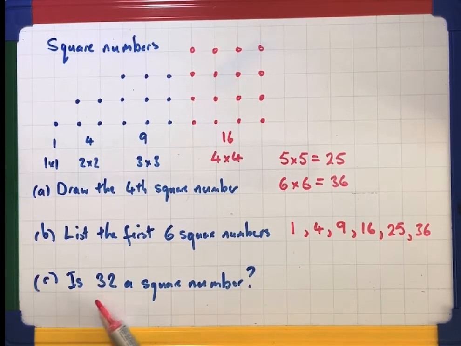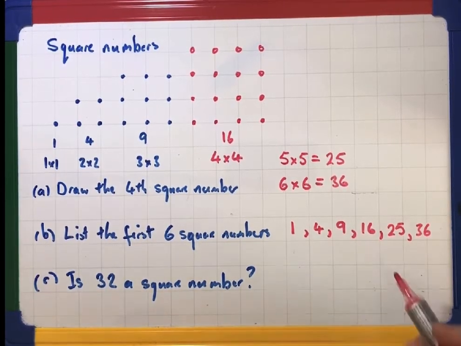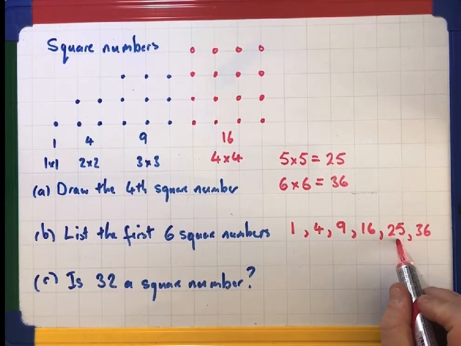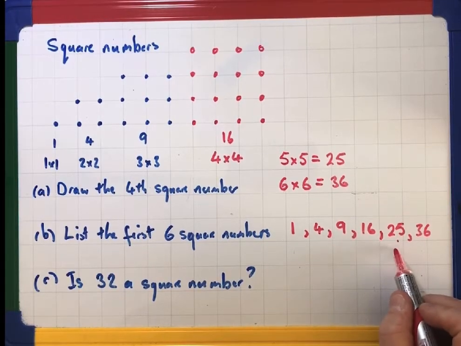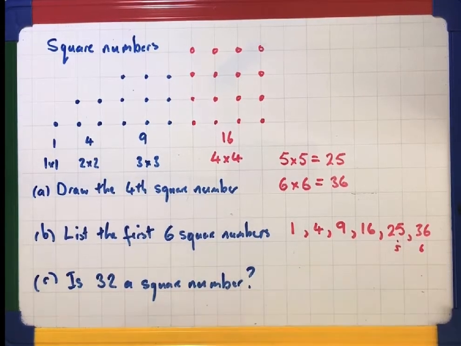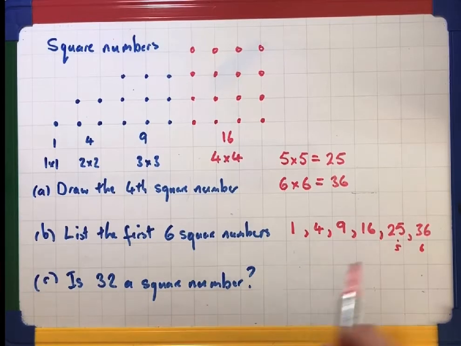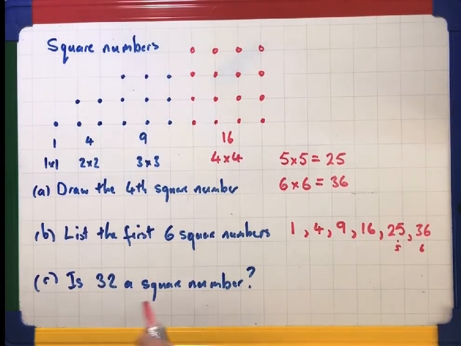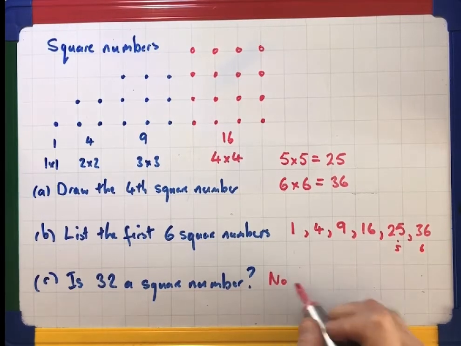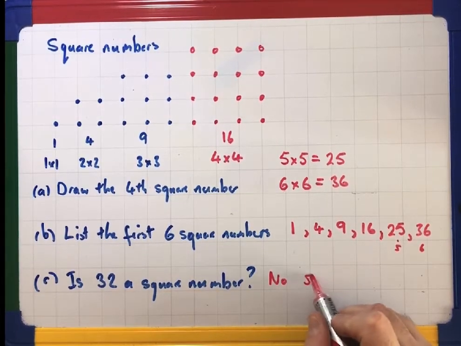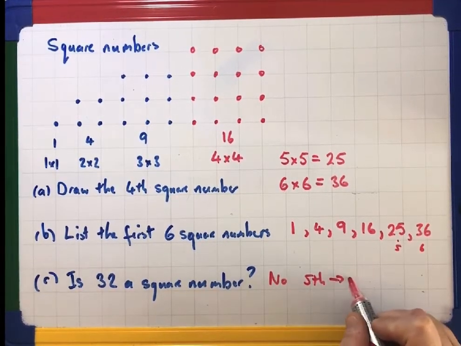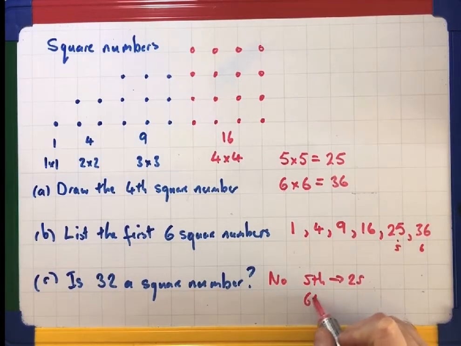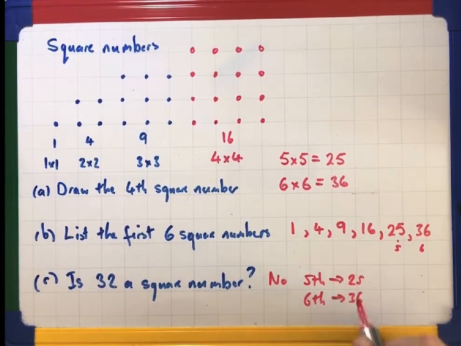Okay, so next question. Is 32 a square number? Well, look, 25 is smaller than it. That's the fifth square number. That's the sixth square number. 32 is between those two, isn't it? So 32 is not a square number. No, because look, the fifth one is 25. The sixth one is 36.